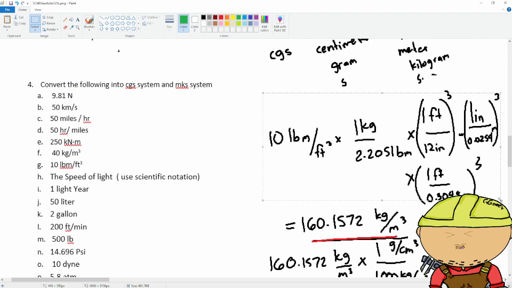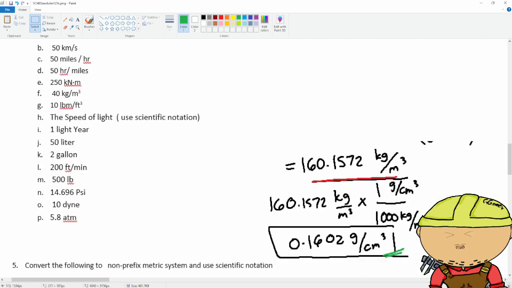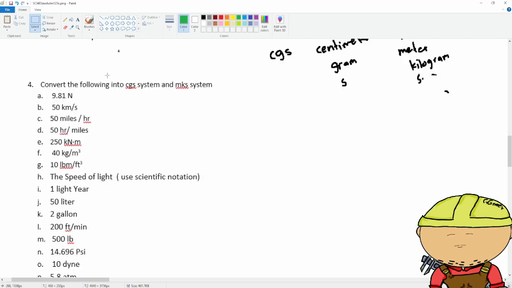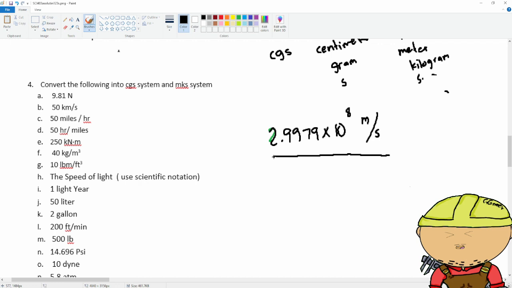Next, speed of light. The speed of light is 2.99792458 times 10 to the 8 meters per second, and that's MKS.